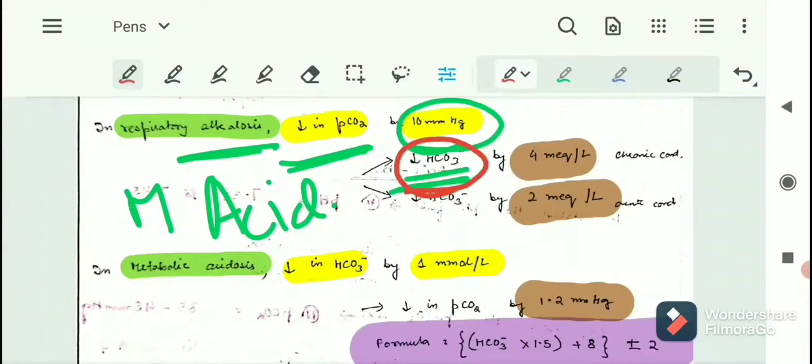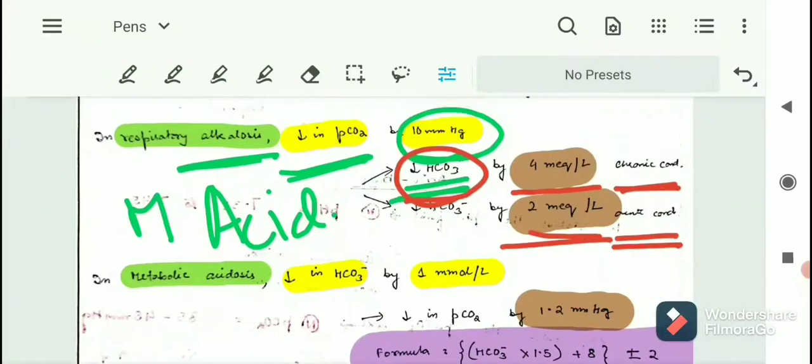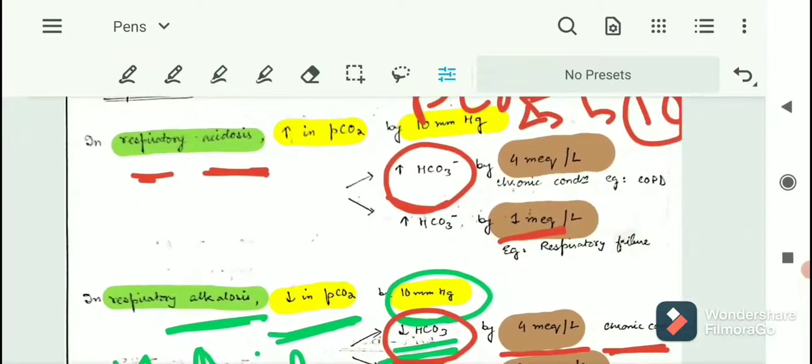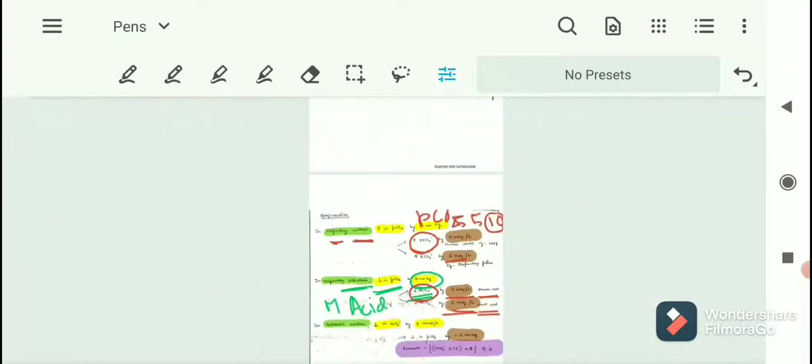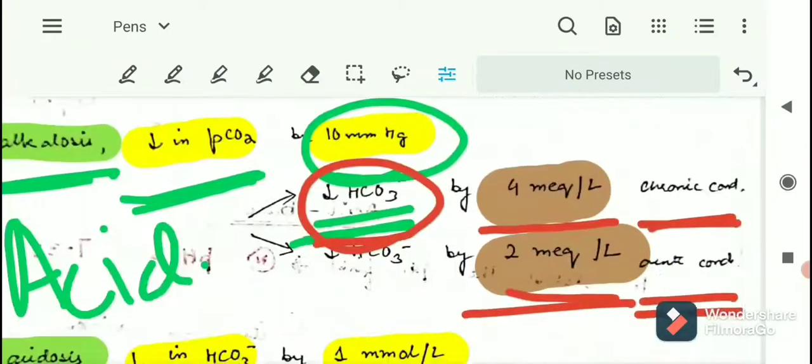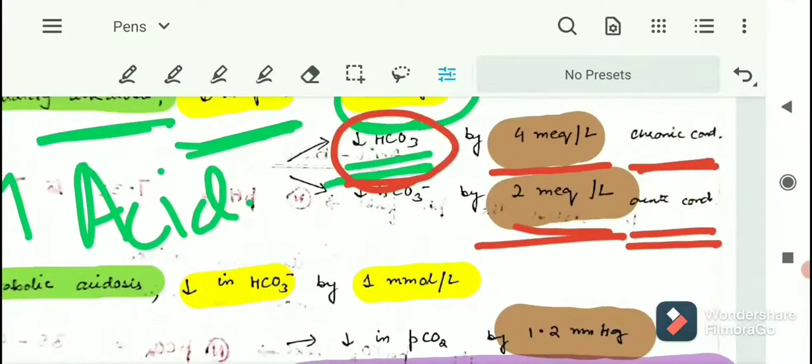Now in chronic conditions, HCO3 will decrease by 4 milliequivalent per liter, and in acute condition the HCO3 will decrease by 2 milliequivalent per liter. Here it was 1 milliequivalent per liter in acute, and here this is 2 milliequivalent per liter in acute conditions.